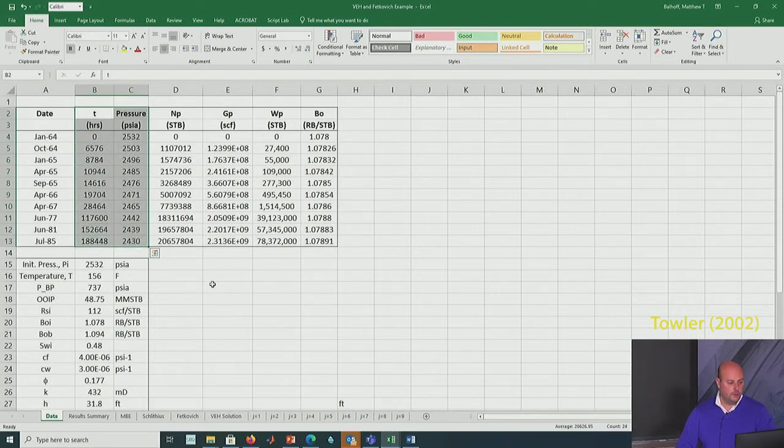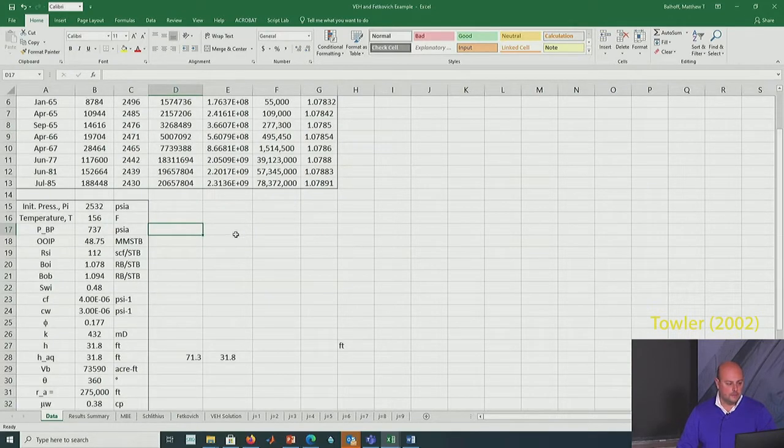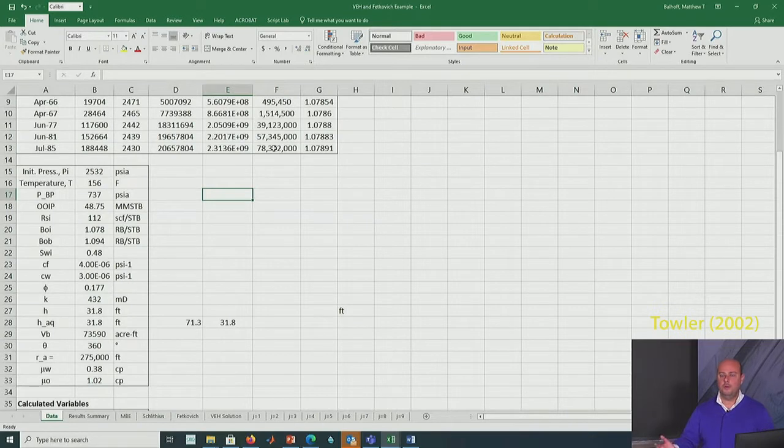Okay, and what we might want to do is calculate the cumulative amount of water influx that came in. Now, a common question might be, why do I care? Right? So why do I care how much water came in before? Okay, so obviously it's not 1985 anymore, but let's pretend we had data up until today.